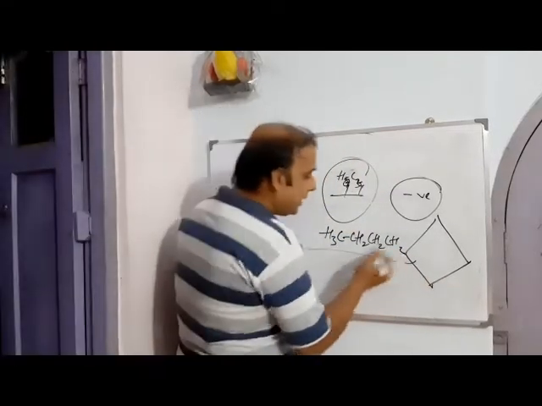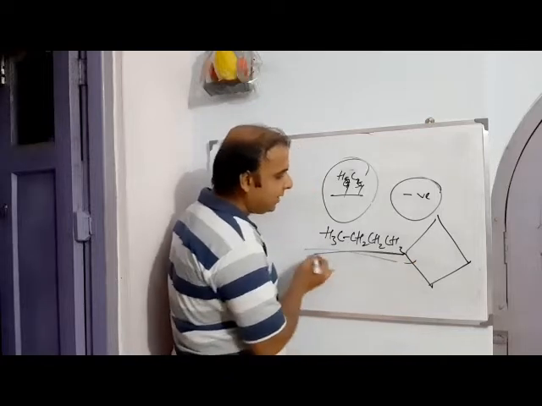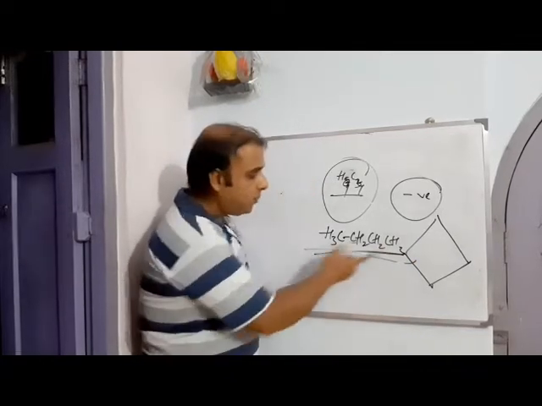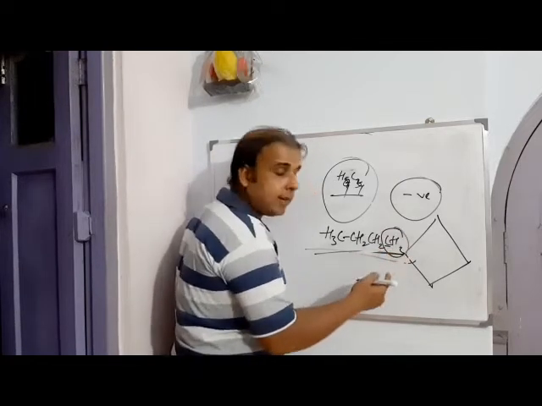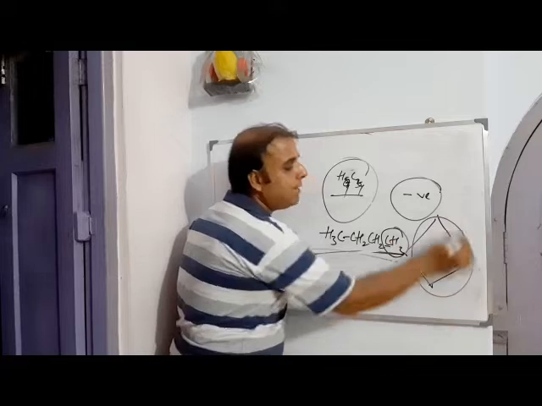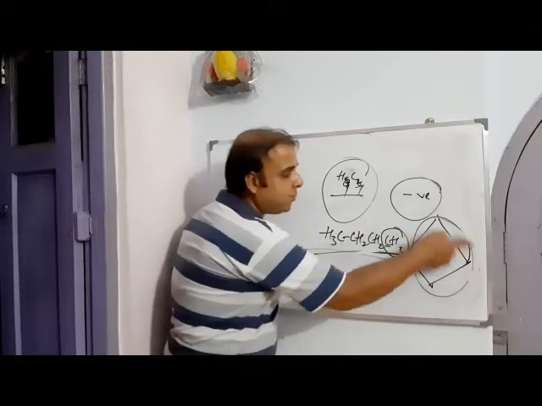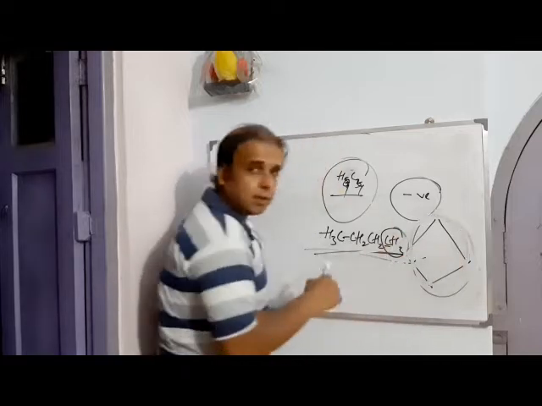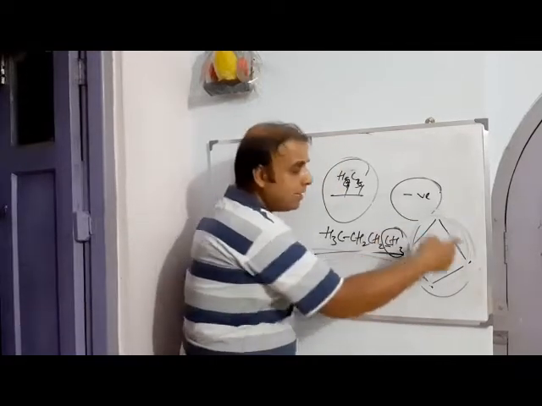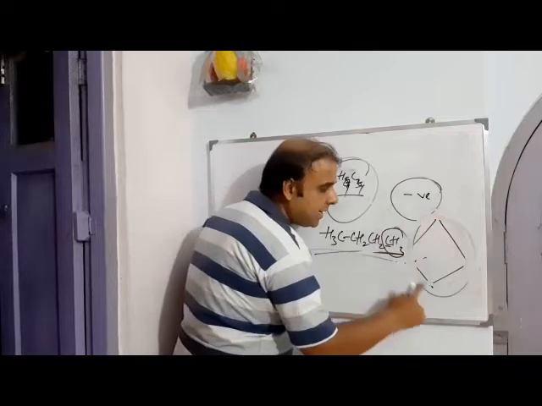So here, if we consider this butyl group, what will happen? This is the carbon placed in the proximal vicinity of this particular tetrahedral area. This is the tetrahedral transition state of the reaction.